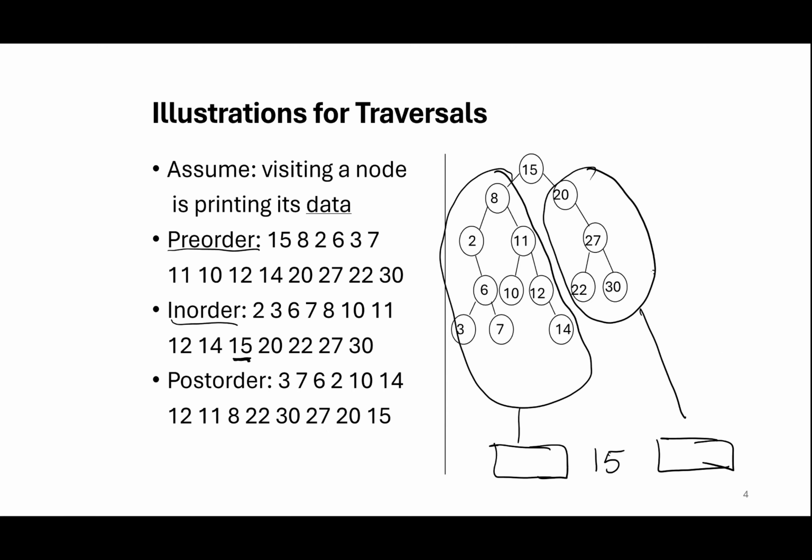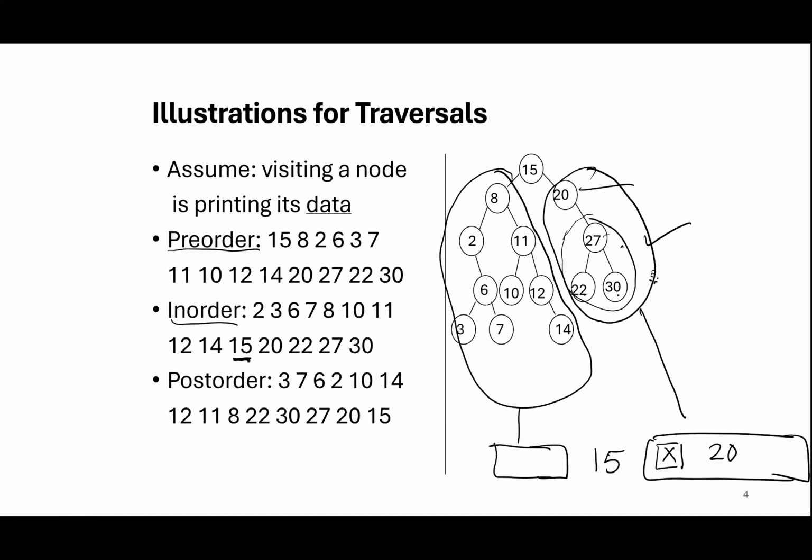So let's think about how this tree is going to work. This tree only has a right subtree, and doesn't have any left subtree. So left subtree, nothing, done. So left, visit, right. What is in right? 27, 22, 30.